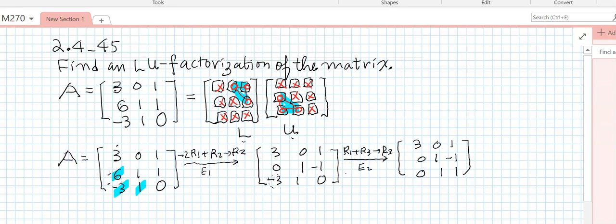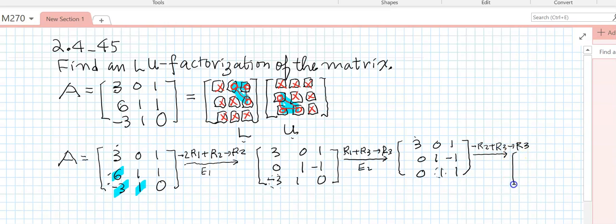Now, the next one. I still don't want to make this entry 1. It doesn't have to be 1. It's just that the lower triangle has to be 0. So what are you going to do? Negative R2 plus R3 goes to R3.